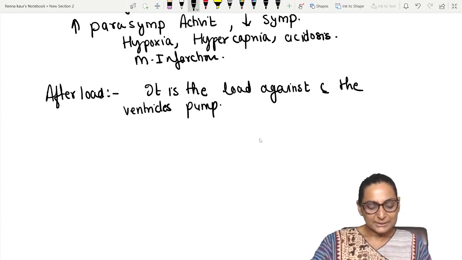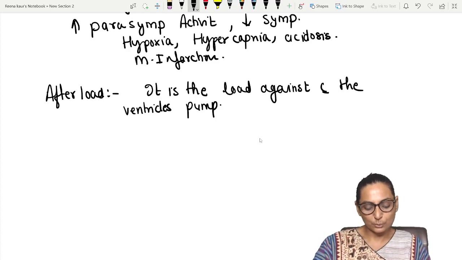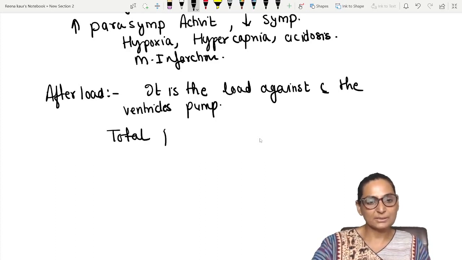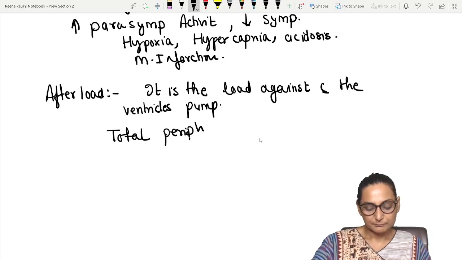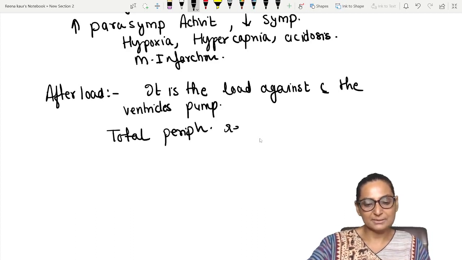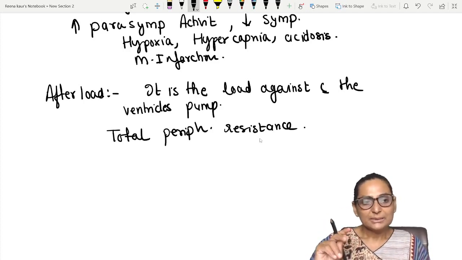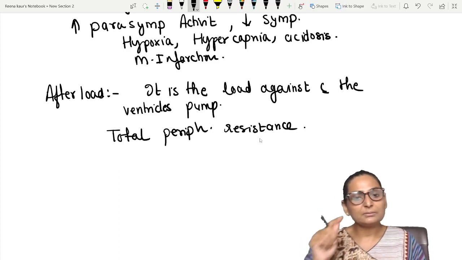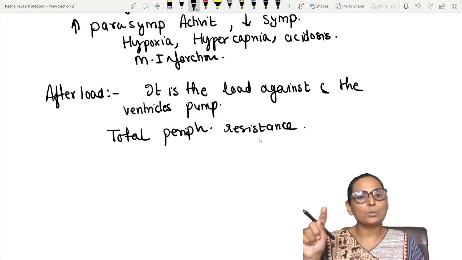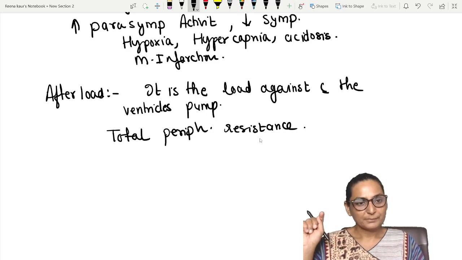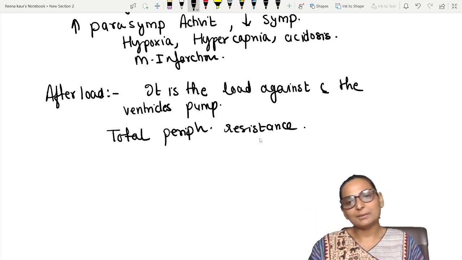So in this case, it is the total peripheral resistance. Now you remember one thing, what did we learn, that when the left ventricular pressure becomes more than the aorta, the valves open and the blood is ejected.